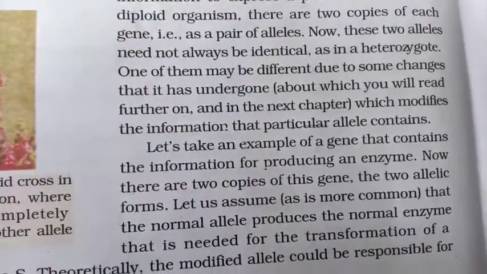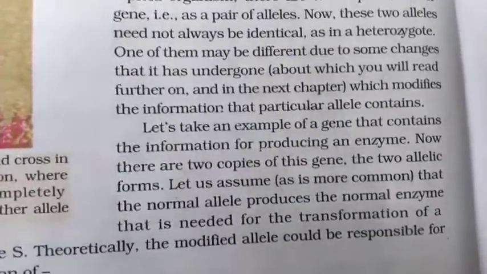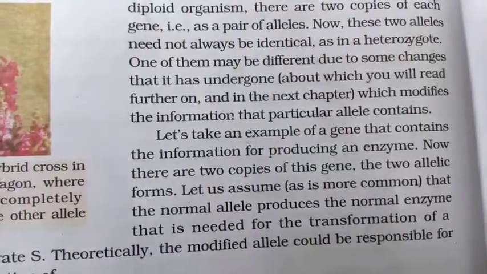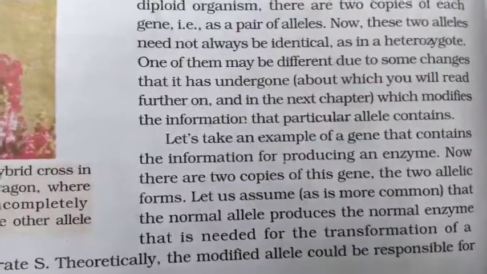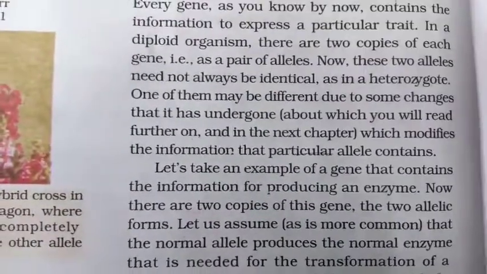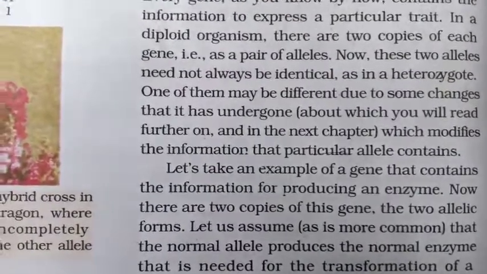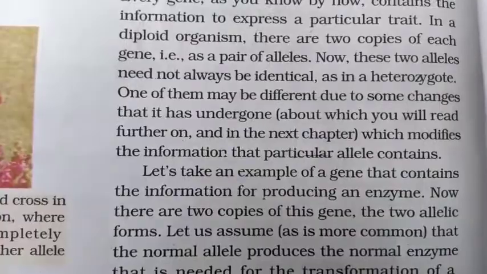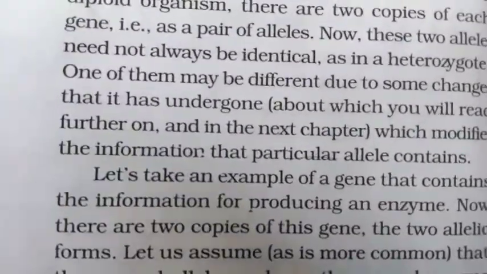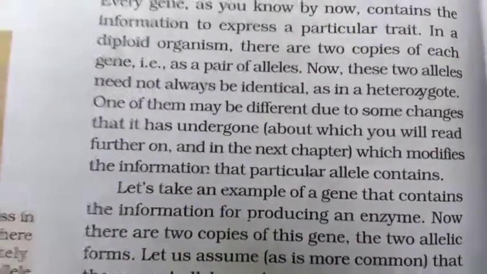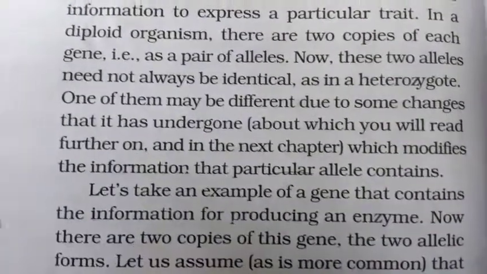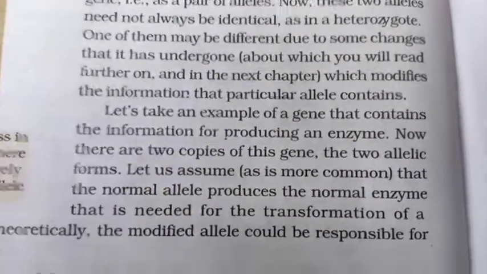As in a heterozygote, one of them may be different due to some changes that it has undergone, which modifies the information that the particular allele contains. It may have got modified in one way or the other, and the other will be the normal one.